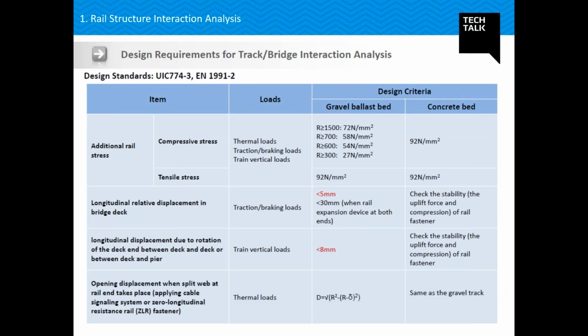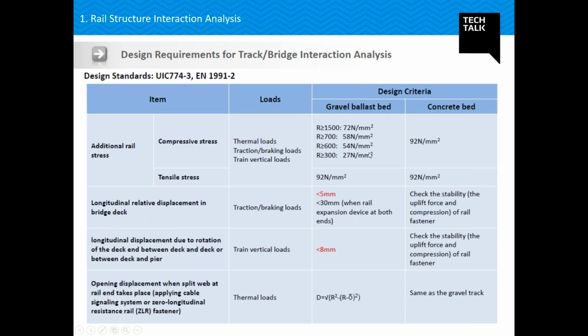For doing rail structure interaction, the Indian code does not have any specific guidelines as such. The IRS code just refers to UIC 774 part 3 for all the stress checks and the serviceability checks. What the IRS code specifies is the strength.